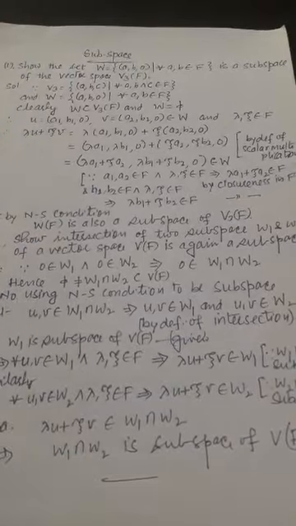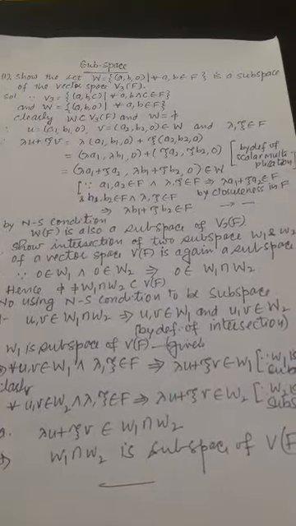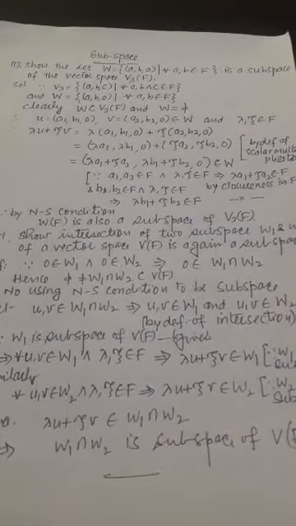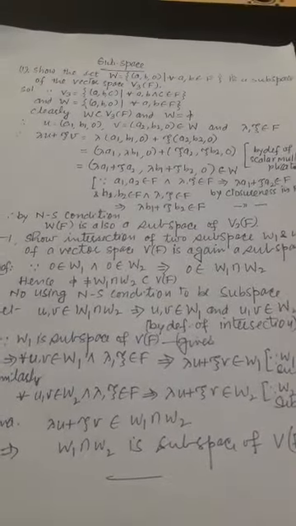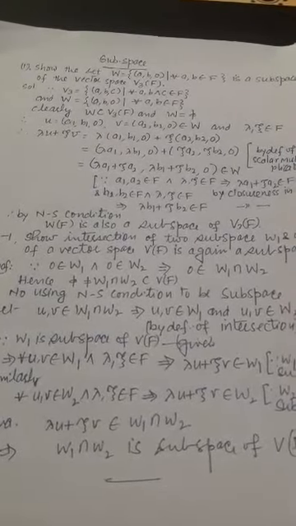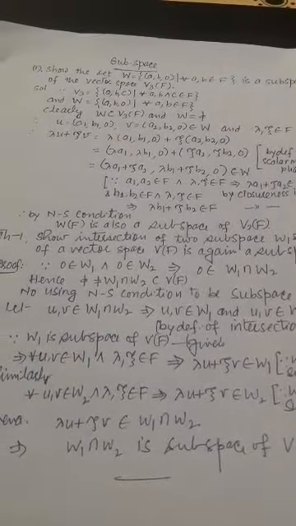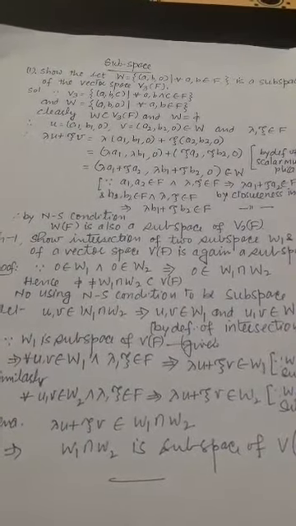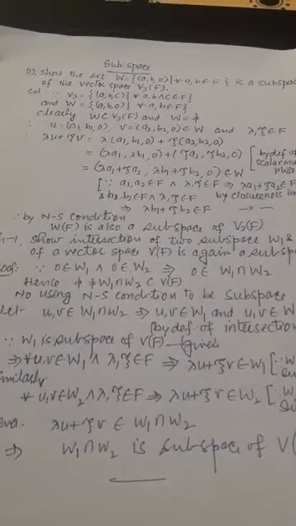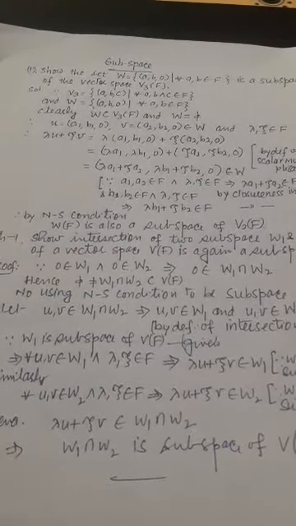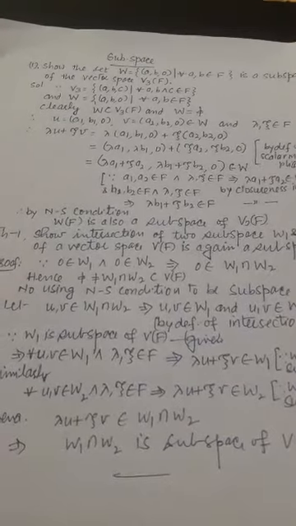Clearly, W is a non-void subset of V3. So the first condition to be a subspace is fulfilled. Now we consider two members, u = (a1, b1, 0) and v = (a2, b2, 0) triplet, where a1, b1, a2, b2 belong to field members.